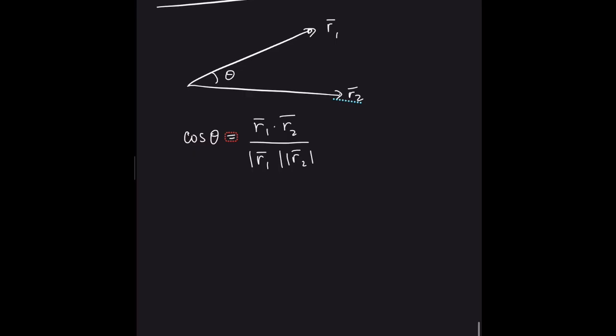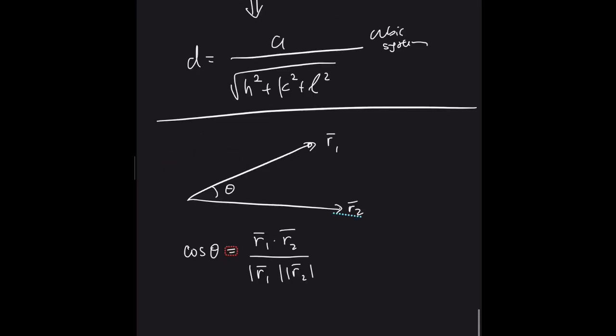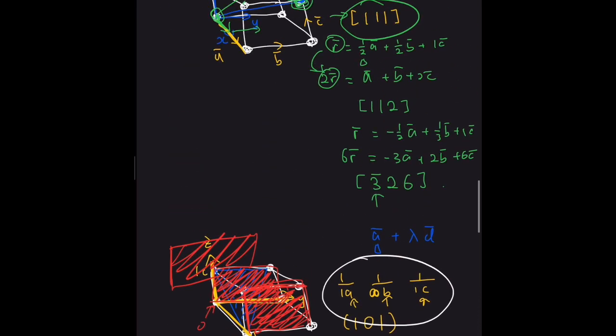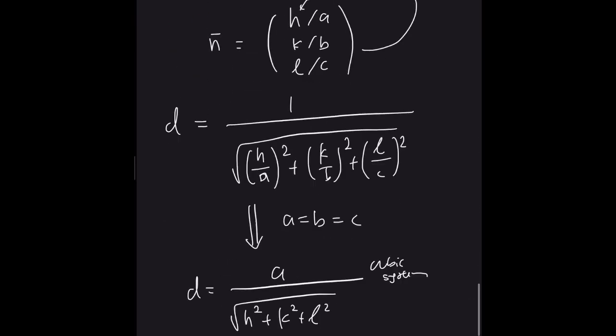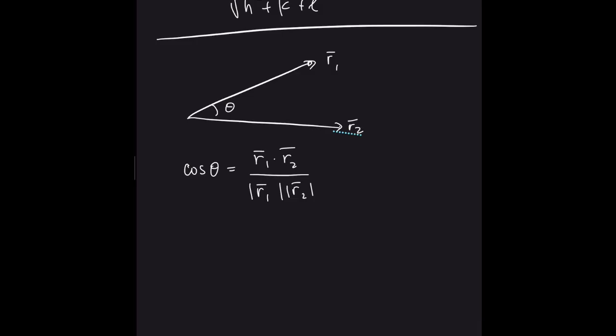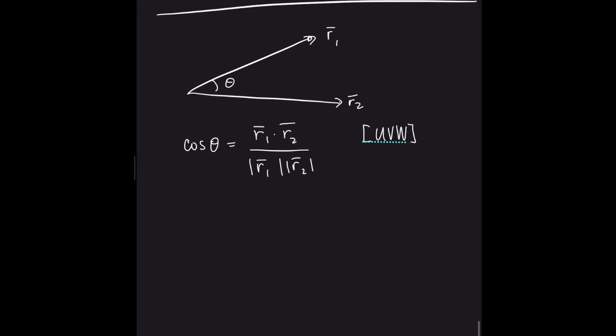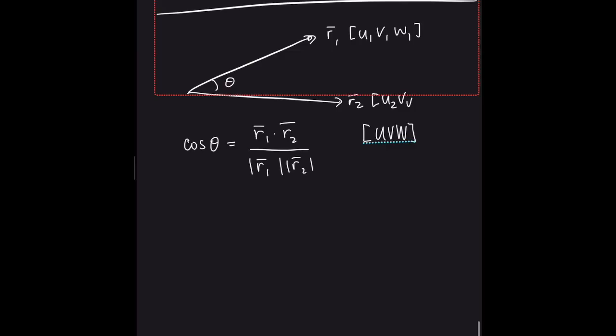R1 and R2 are simply the directions inside the crystal lattice. We usually denote the directions with UVW. So let R1 be U1 V1 W1 and R2 be U2 V2 W2.